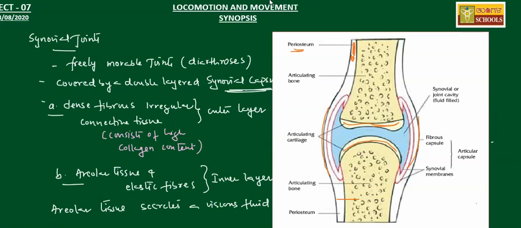So out of this we will see different types of synovial joints. Under the synovial joints, the first one we'll see is the ball and socket joint.